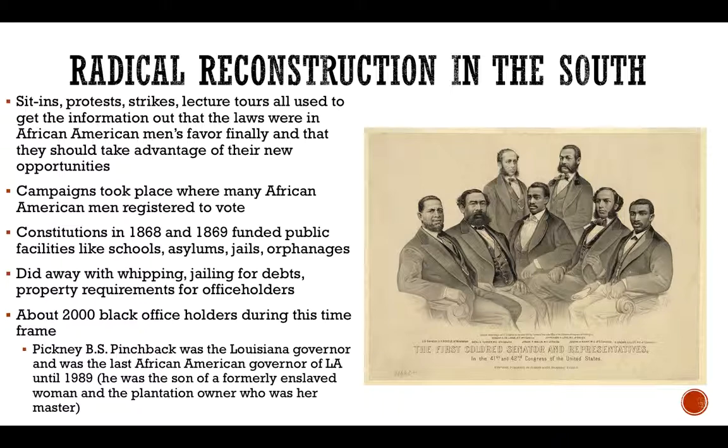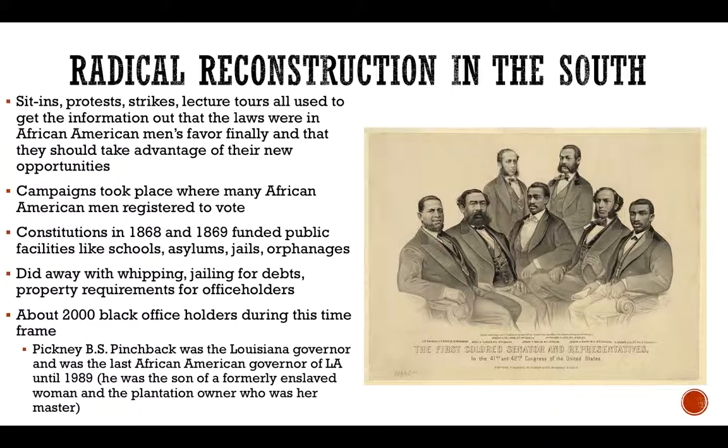In 1868 and 1869, there were public funding initiatives for facilities like schools, asylums, jails, and orphanages. And these were expanded into African American society at this point, trying to build up from within.